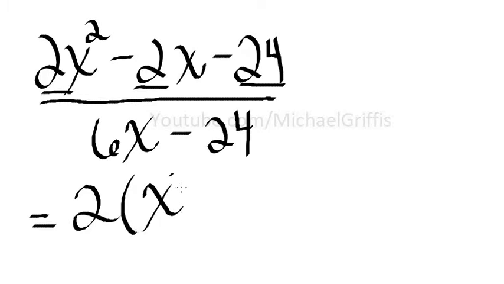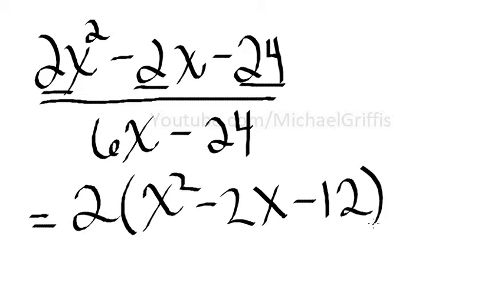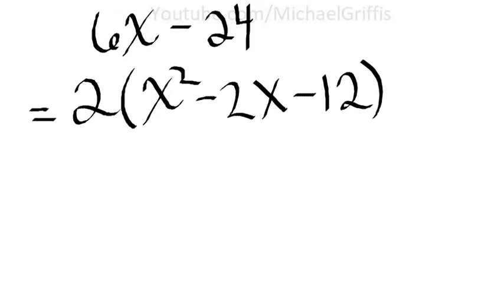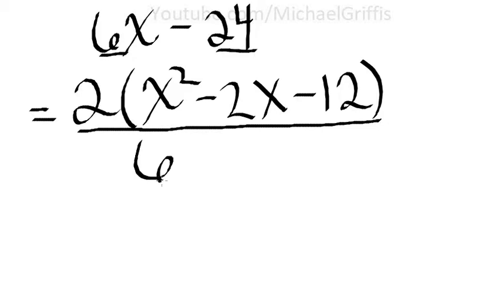So that's going to be left with x squared minus 2x minus 12. What about the denominator? We have a 6 and a 24, so we can factor a 6 out. So we're going to be left with x minus 4. X minus 4. Okay?